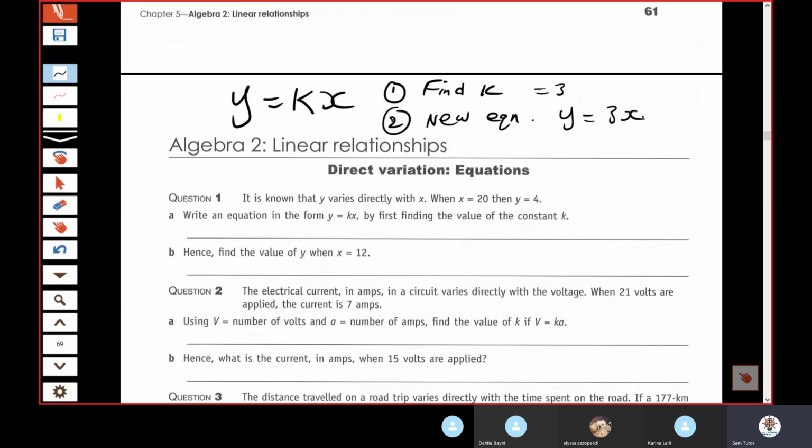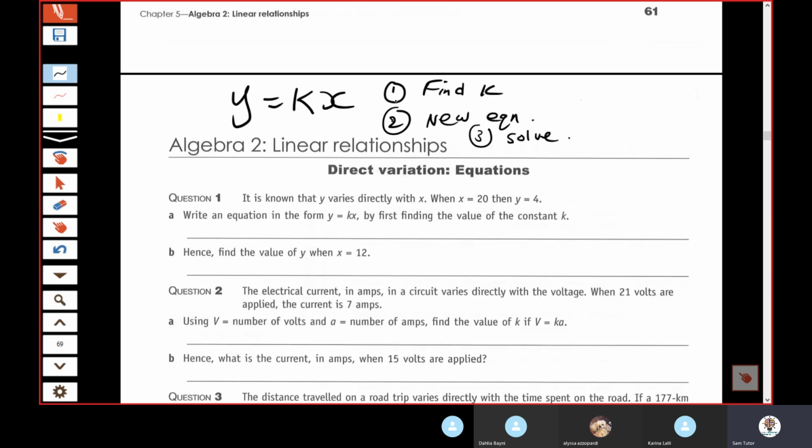If I say, oh, no, actually, go find me x, if y is 3, you're going to go, okay, that's 3 divided by 3, and you can work out x. So, new equation, and then 3, I'm just going to say solve. It's pretty easy. The hardest step is the very first one, find k.